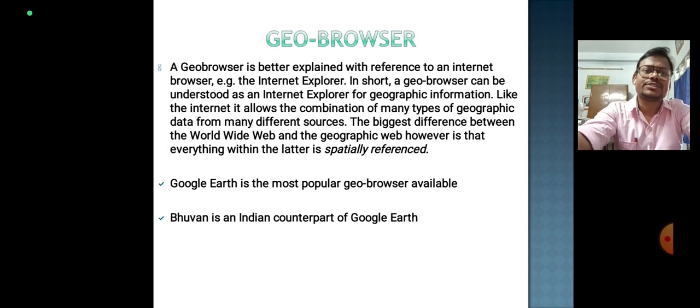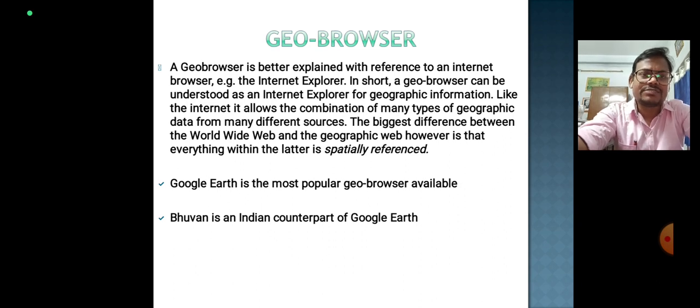Geo browser. What is a geo browser? A geo browser is better explained with reference to an internet browser, that is, Internet Explorer. In short, a geo browser can be understood as an Internet Explorer for geographic information. Like the internet, it is a combination of many types of geographic data from many different sources.